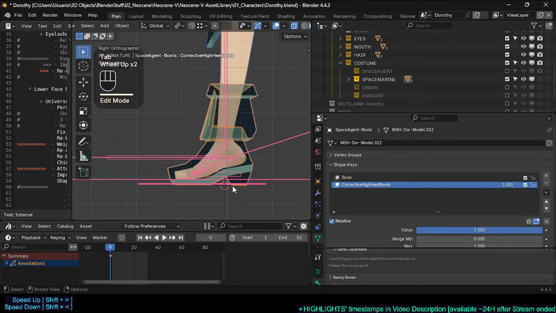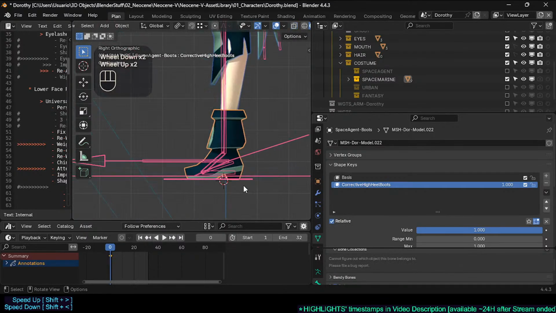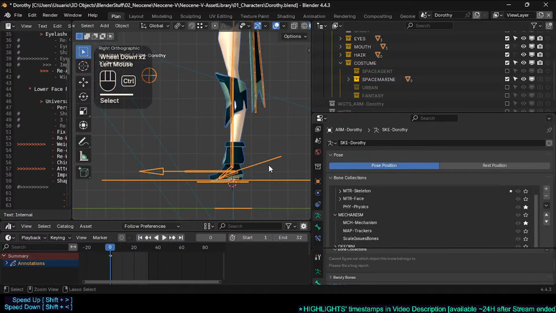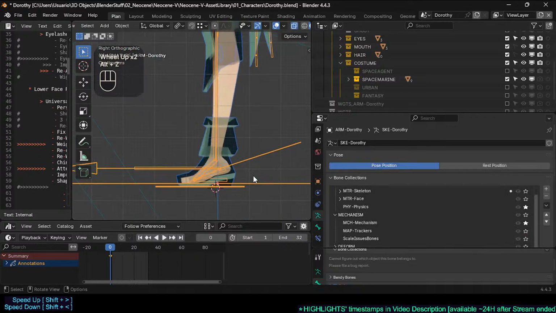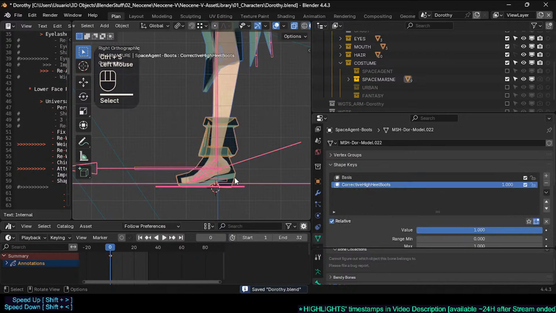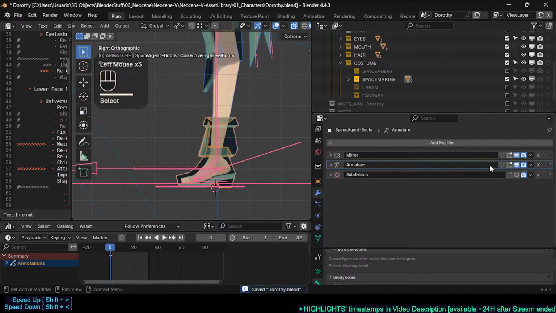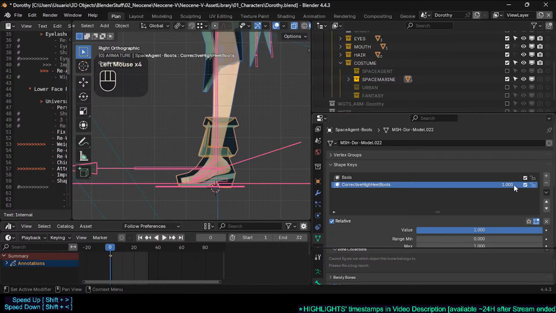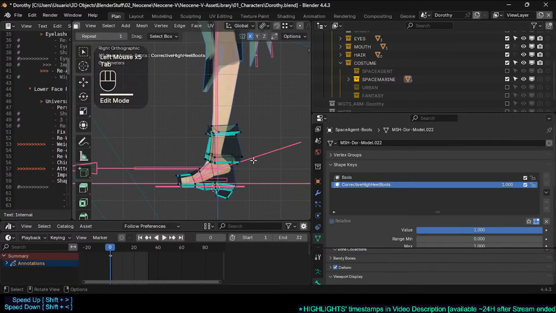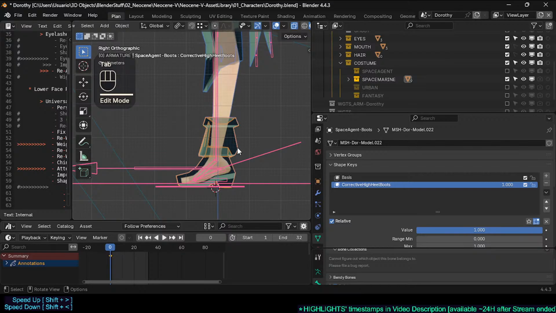Alright, so with this approach here, now I think we've got it. Let's turn off this. So I wasn't very aware of, this is not the rest position, this is the rest position. So this is just a shape key, and maybe it's normal that we get this in the end, doesn't matter, it's just a shape key.